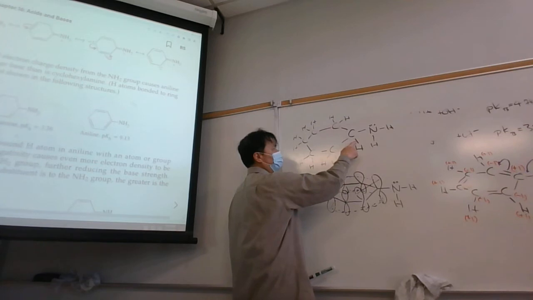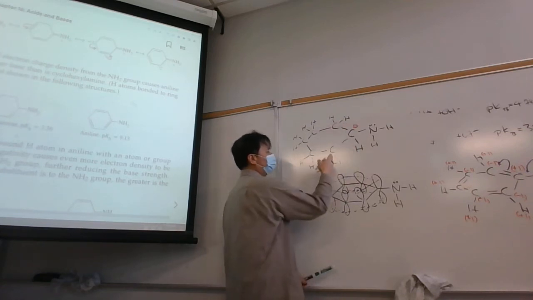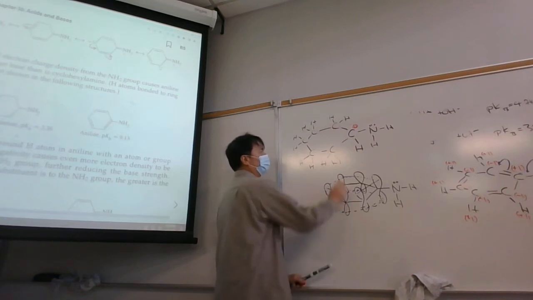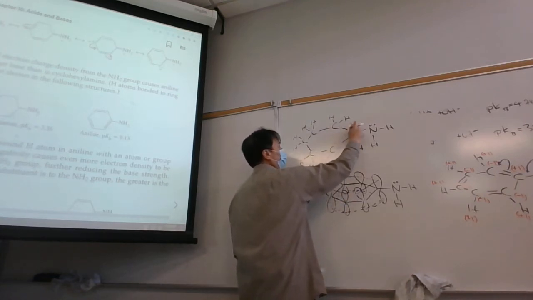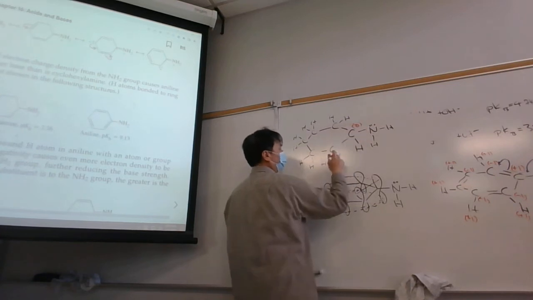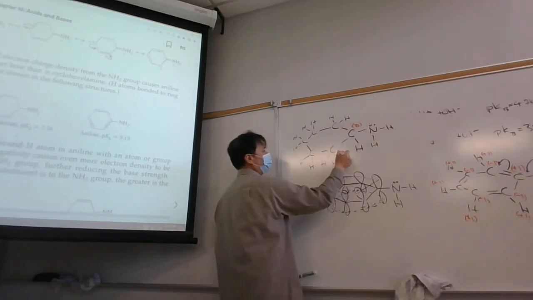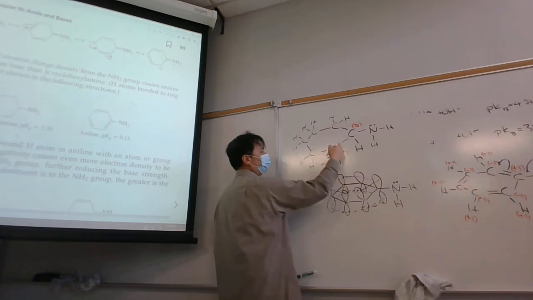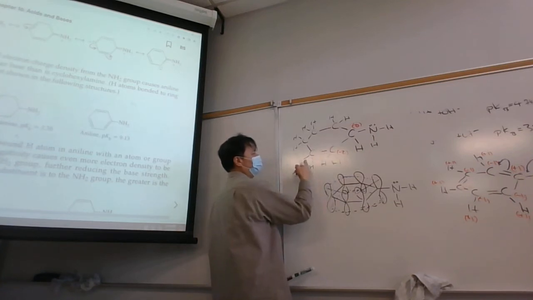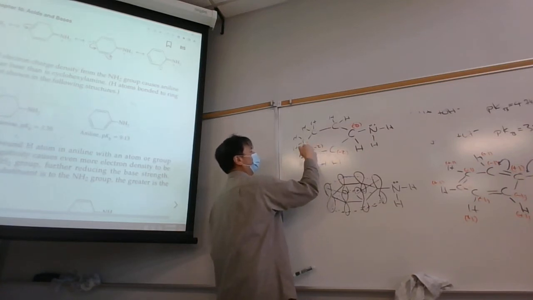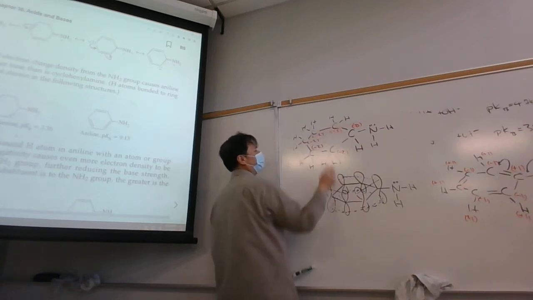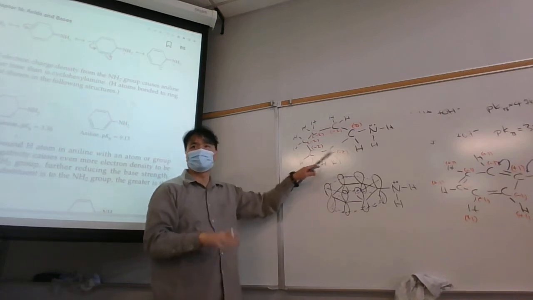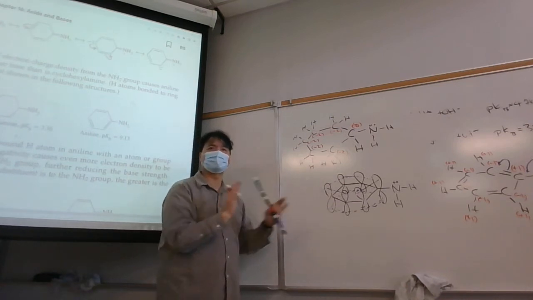So this is 2, 3, 4. So this is 0. This carbon? Minus 2. Minus 2? That's good. So that's 2, 4, 5, 6 minus 2. This one? Same. Same. Same. So do you see this group is a lot more electron rich?